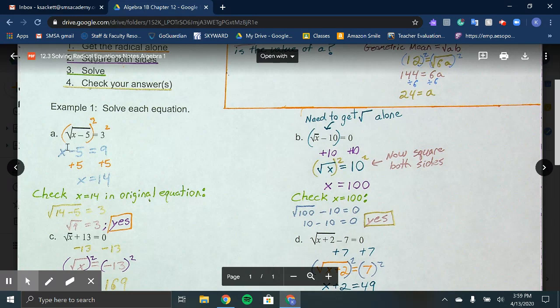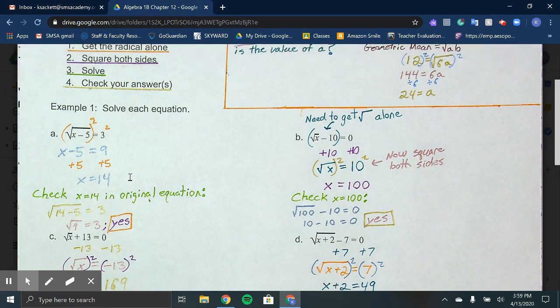Then, on the left, the square root of x minus 5 squared simply gets rid of that square root. So the radical goes away, so we have x minus 5 equals, and 3 squared is 9. Then we need to solve for x, so we add 5 to each side, and we get x equals 14.